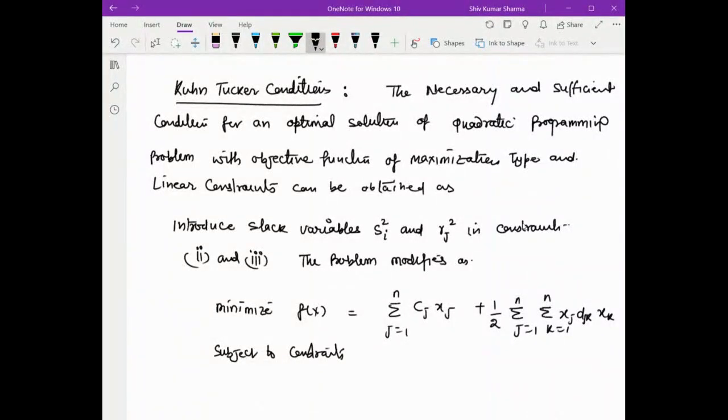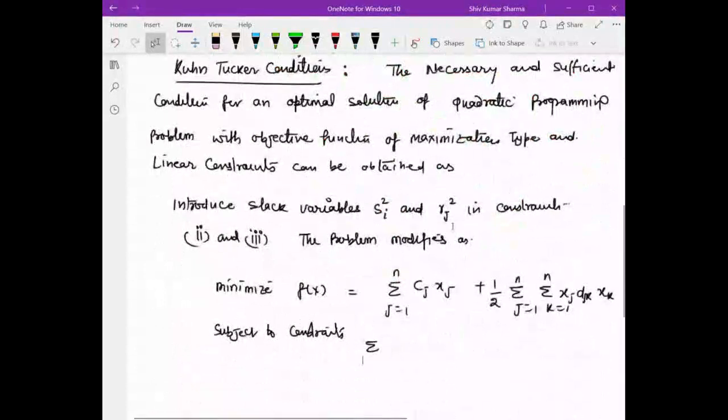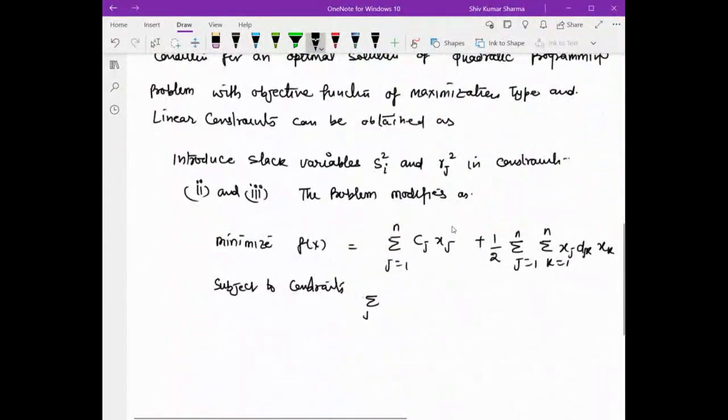Now we write the subject to constraints in this way. That means summation of j equal to 1 to n aij xj, to which we add the slack variable si square to convert it into equality form.